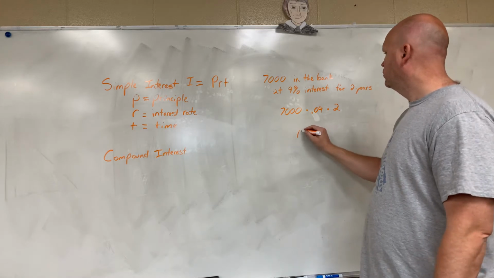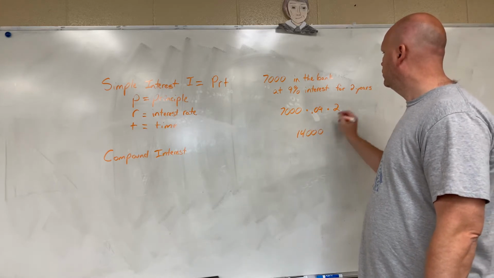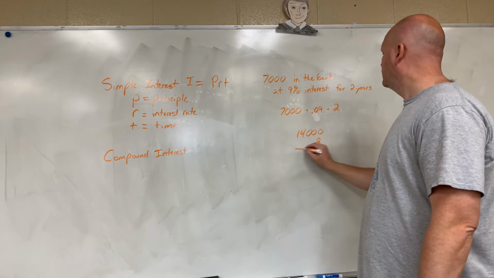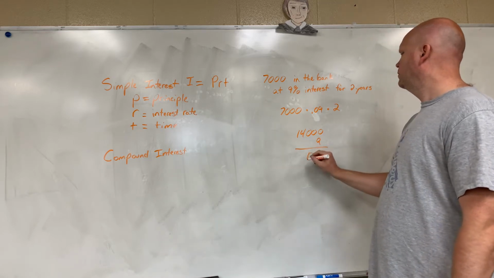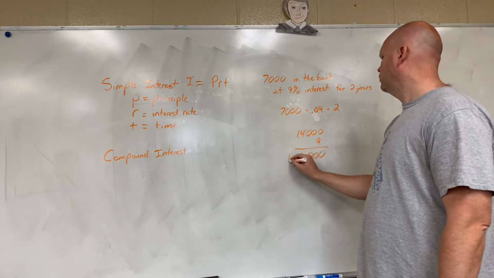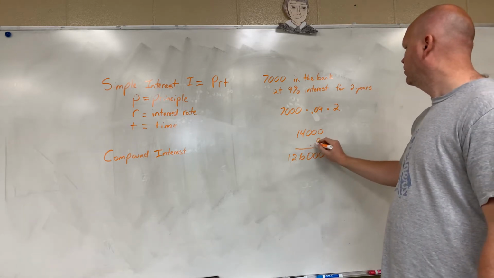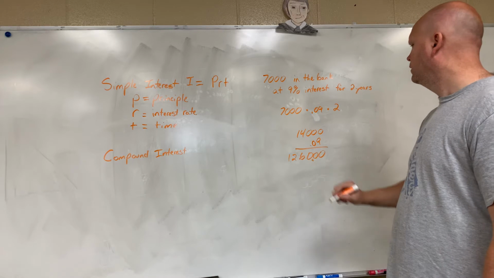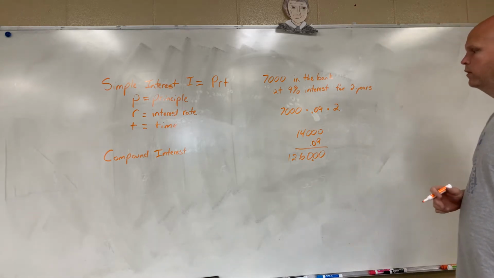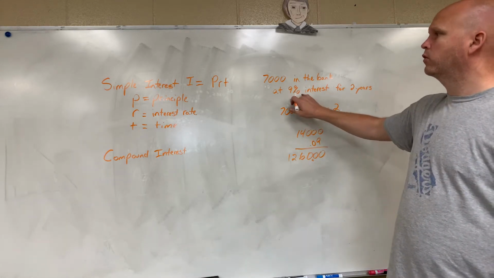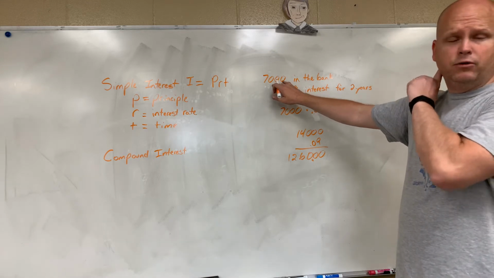So we'll do 14,000, we'll just do the 2 part first, times 9, so 1,000, and this had 2 decimal places, so it'd be $1,260 that we earned on this amount of money in 2 years.